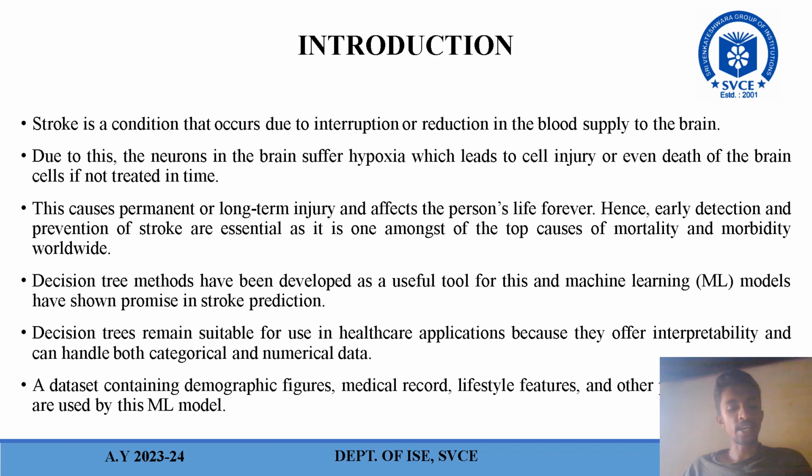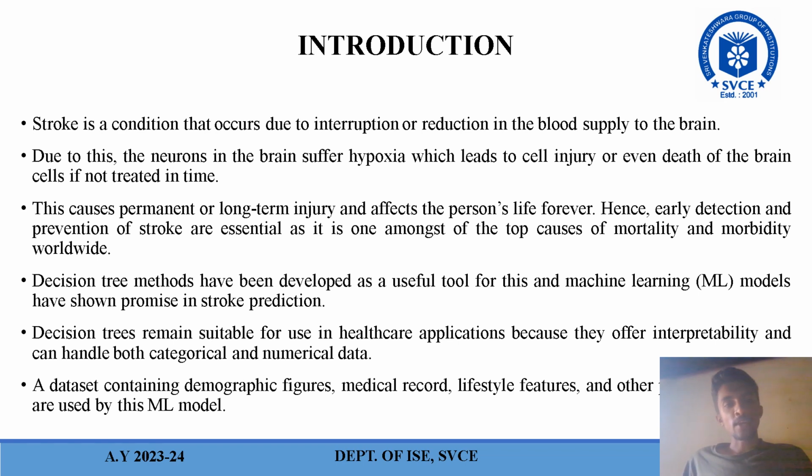Machine learning models are introduced as a powerful tool in healthcare, capable of analyzing large datasets to identify patterns and make predictions. Decision trees are highlighted for their simplicity, interpretability, and effective use in handling medical data. So this is the introduction to decision trees as well as machine learning models.